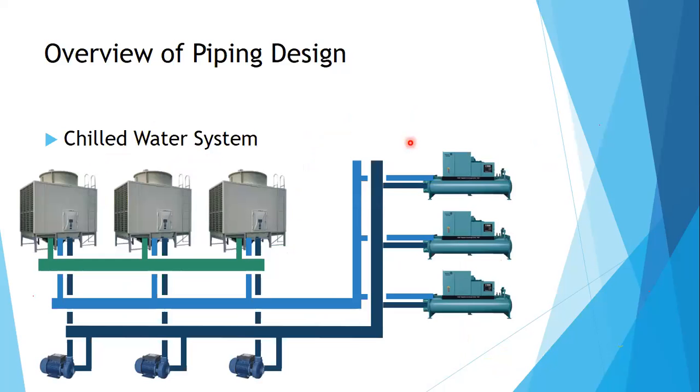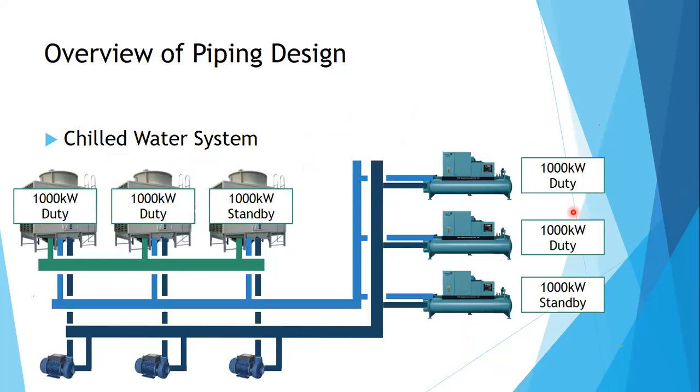It's the same principle on the cooling tower side. Here, let's say duty, standby. Usually, chillers and cooling towers are 1-to-1. They're always a pair. One cooling tower to one chiller. They always come in pairs. So if you have 2 units of chiller duty and 1 standby, you also have 2 units of cooling tower duty and 1 standby.